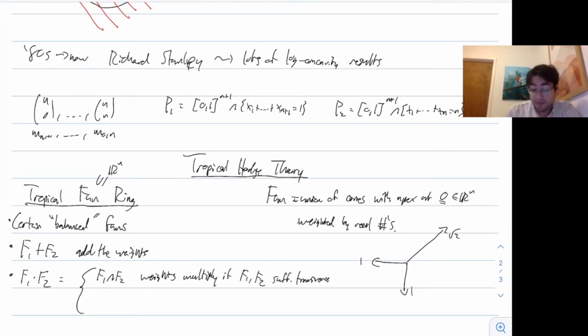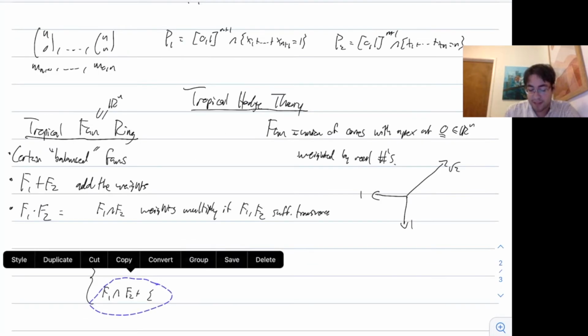But if it's not transverse, then I can make a transverse intersection by intersecting my first fan with a slight perturbation of my second fan. So maybe you add epsilon, but then this isn't a fan because it's not a union of cones.